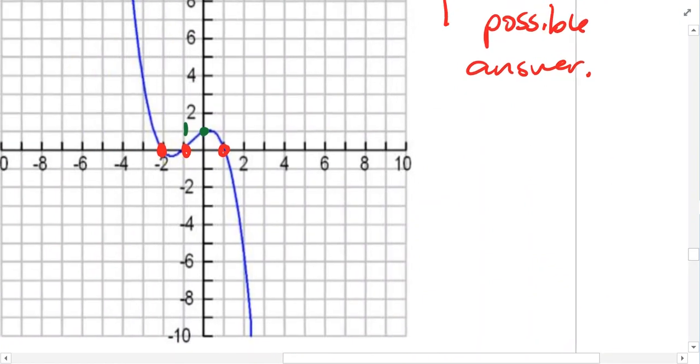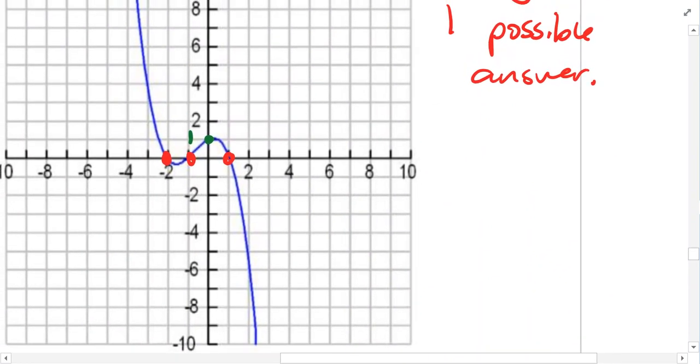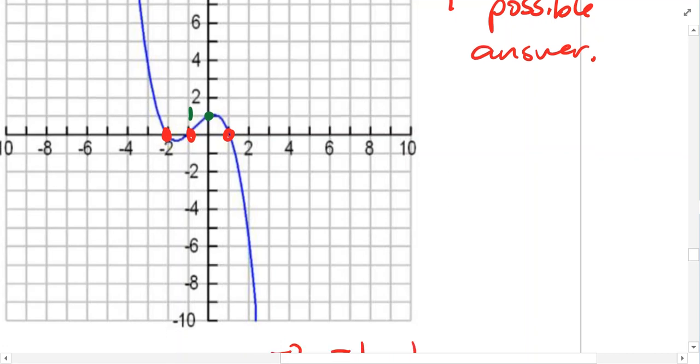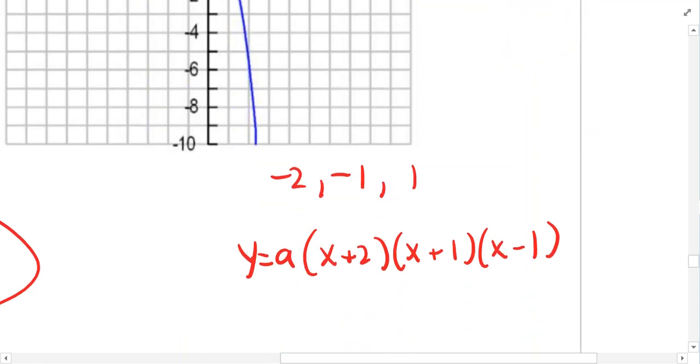Now, there were other values you could have pulled, but for me, some of the other ones, I don't know. I'm looking at it, I'm like, at 2, is that -5? Or is that -6? I don't really know. So to me, I see that the 0, 1 looks like the clearest point that I can tell. So I'm going to go through the point 0, 1.